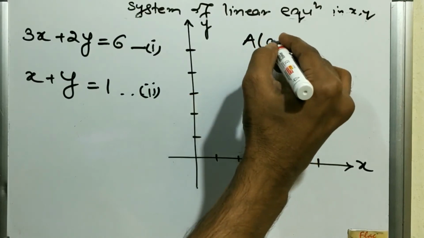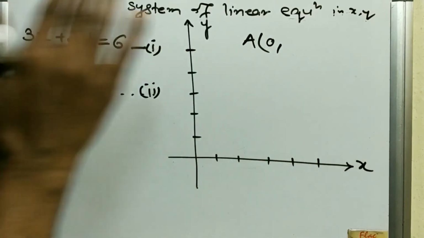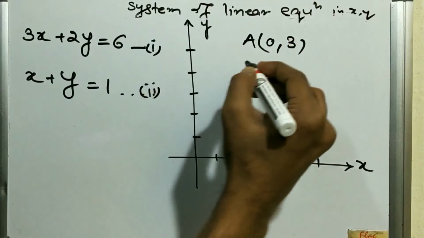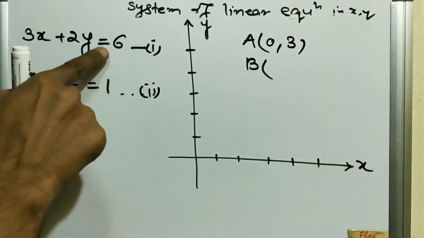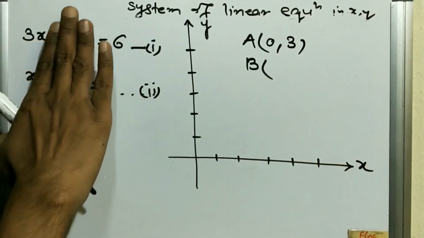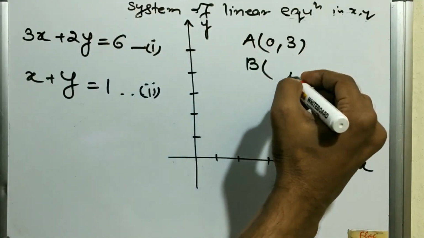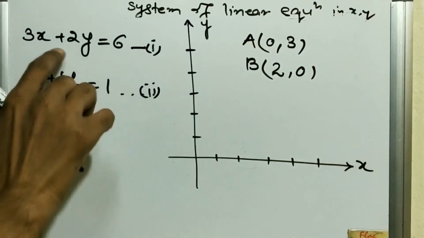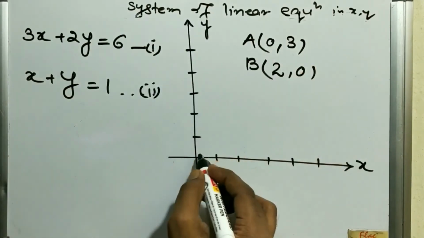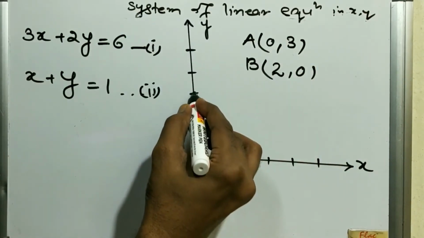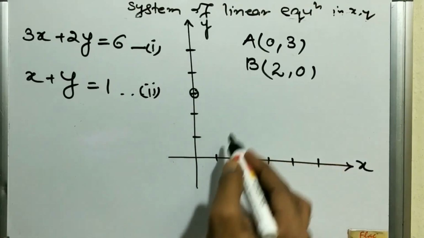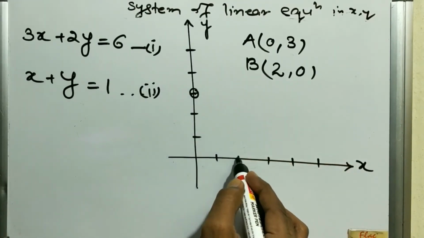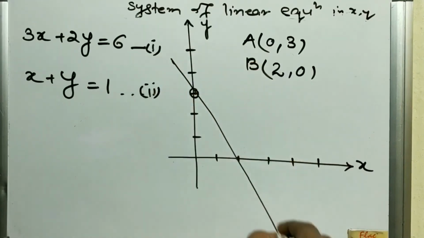Say the first point is for x is equal to 0, y is equal to 3. The second point lying on line 1 will be for y is equal to 0, x is equal to 2. So the first straight line passes through A (0, 3) and B (2, 0).